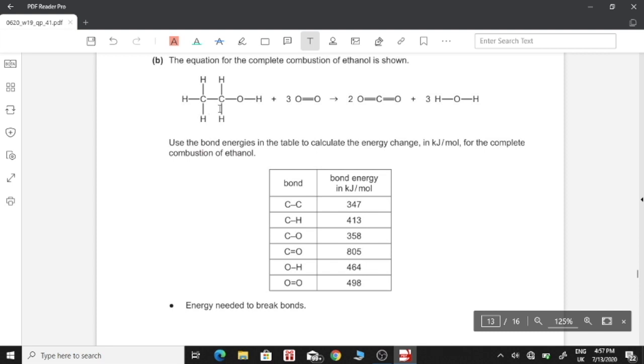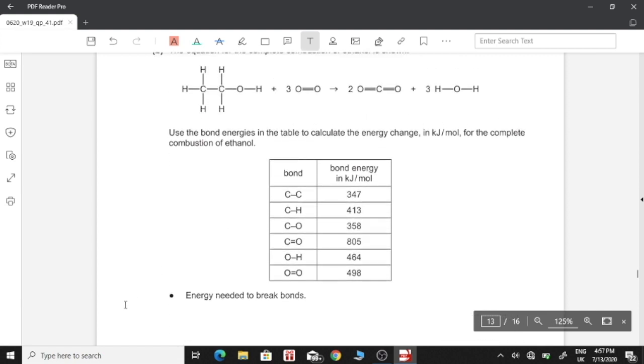As we can see over here, we have 5 bonds between carbon and hydrogen, a single bond between carbon and carbon, with a single bond between carbon and oxygen and oxygen and hydrogen, and then we have 3 diatomic molecules of oxygen, each of which having double bonds.